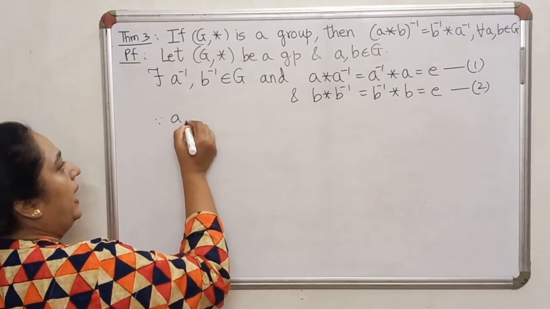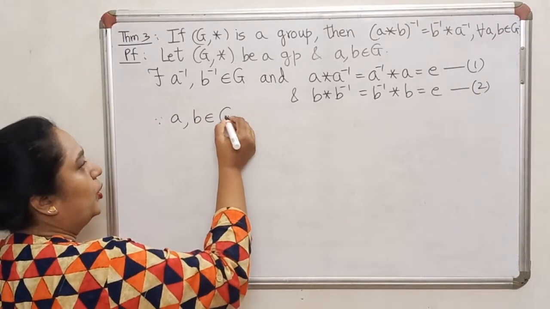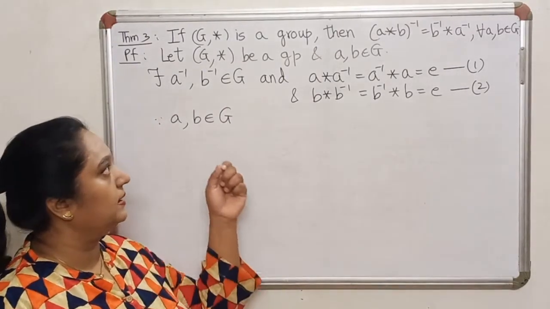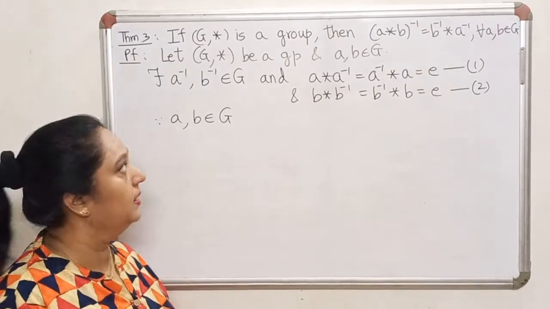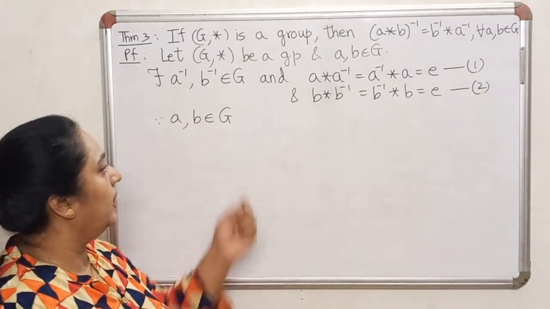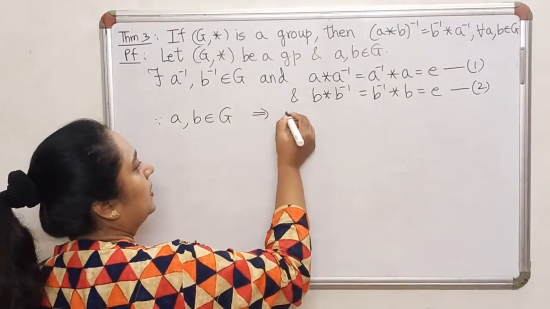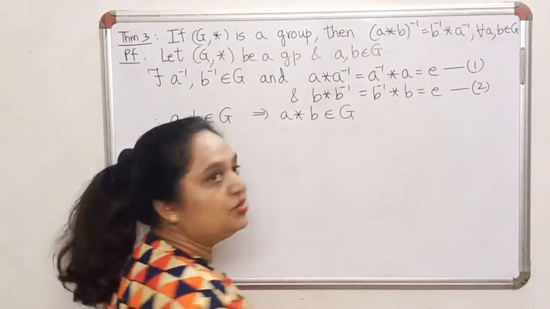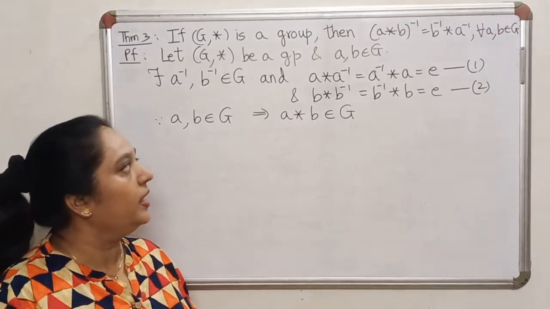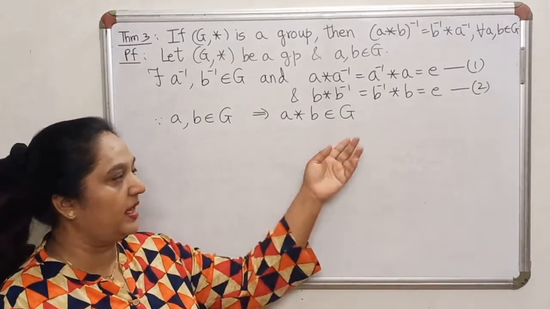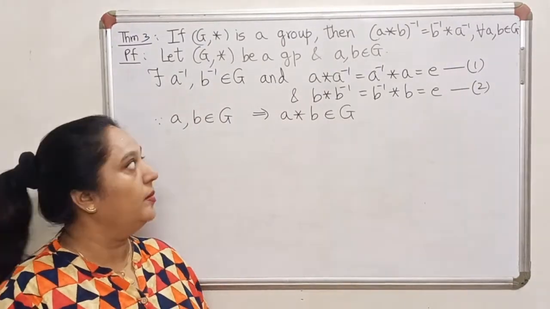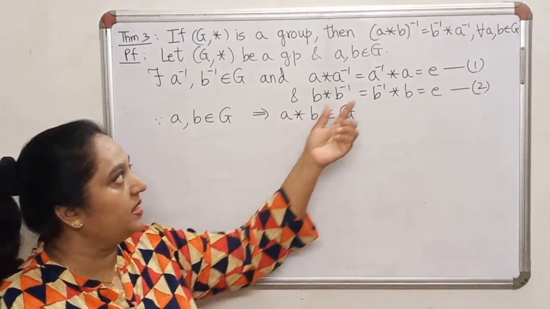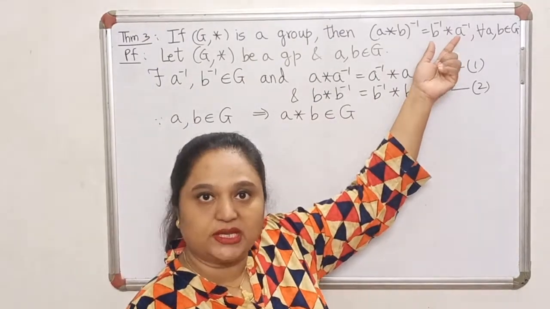Since A and B are both elements of G, by the closure property, A star B will also be in G. So it is going to have an inverse because again it's an element of the group, but we will now show that its inverse must specifically be equal to this element.